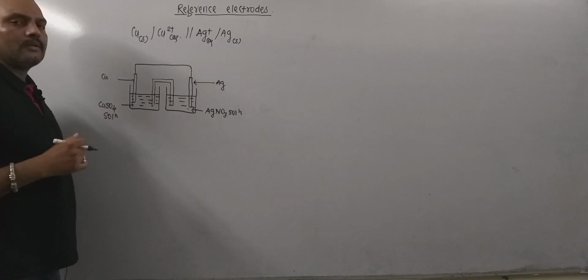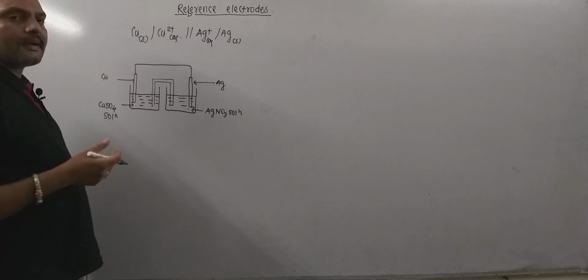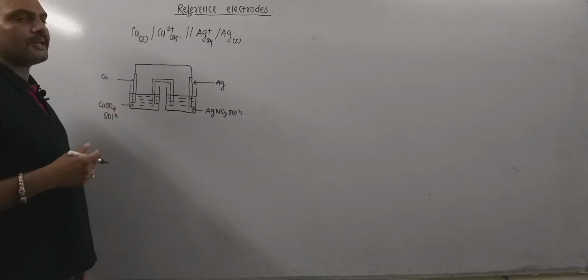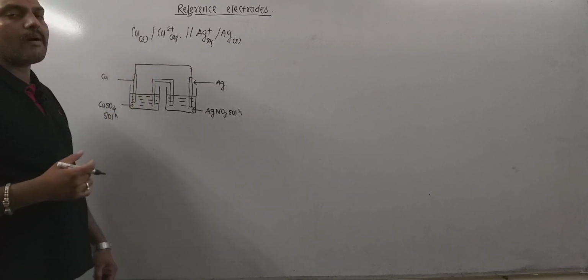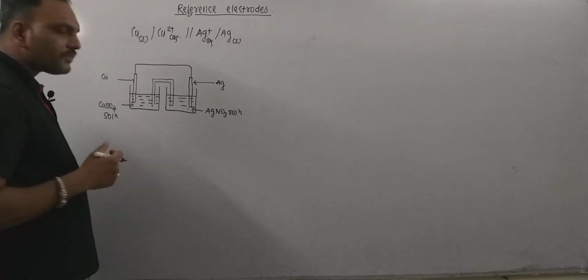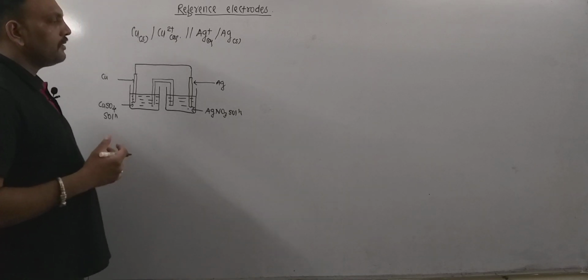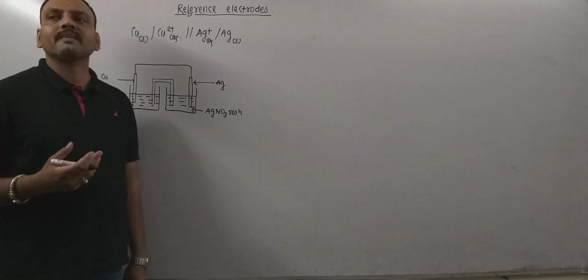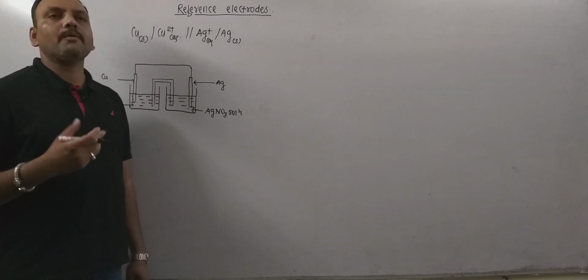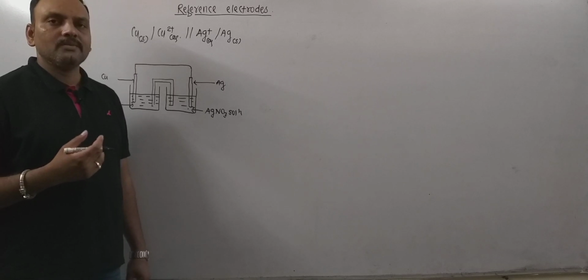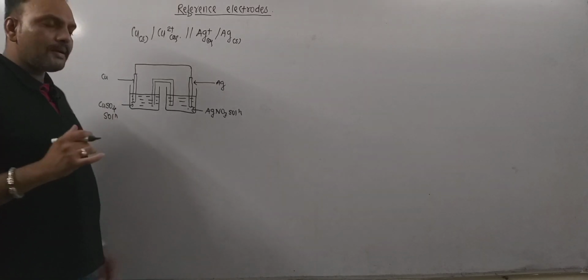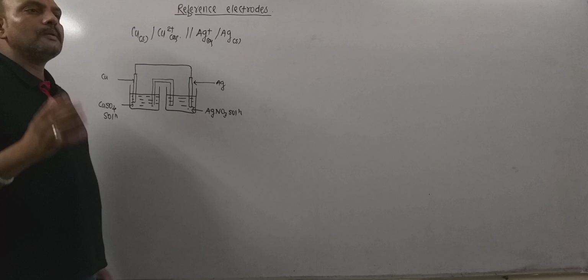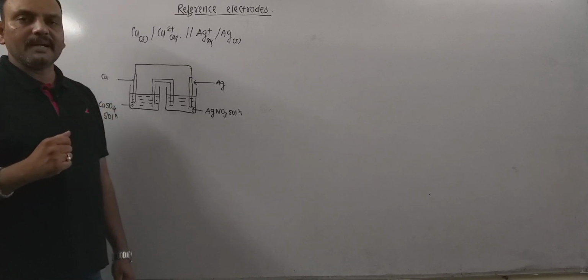So this should be the picture of the cell formulated above. Now one can calculate the potential of this cell experimentally, like using Poggendorff's compensation method. So one can calculate the potential of any cell experimentally.